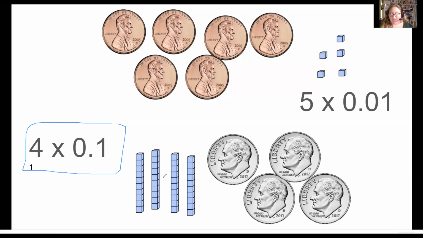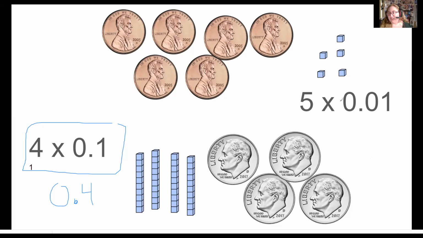There's 4 of them. So 4 times 1/10 is 4/10. Another way to think about it is like saying I have 4 dimes, which are the same as a tenth. So it'd be 40 cents, which is another way to say 4/10.